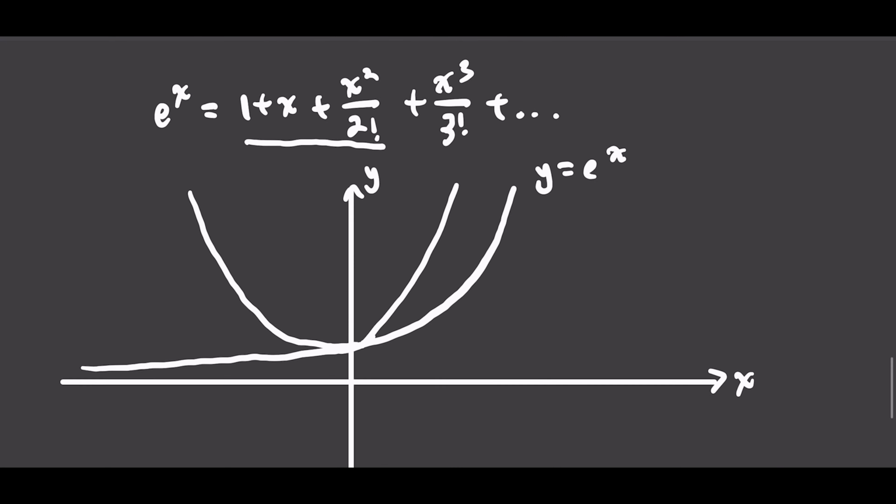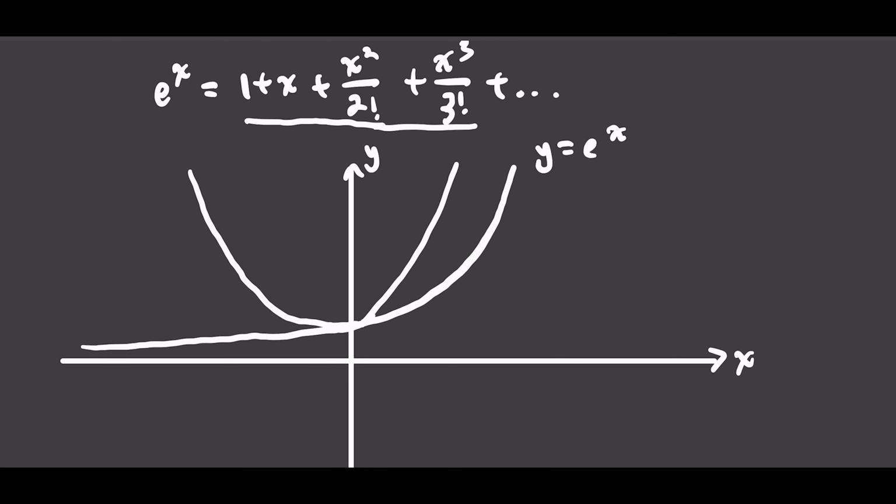However, if we want a more accurate approximation of e to the power of x, we can also add the term x cubed over 3 factorial. And when we draw the graph, we'll get something like this. And as you can see, it's getting closer to the graph of e to the power of x. And in this range, it's going to be very accurate.